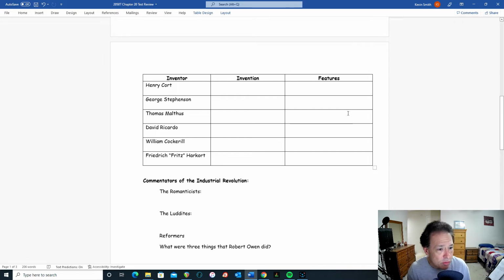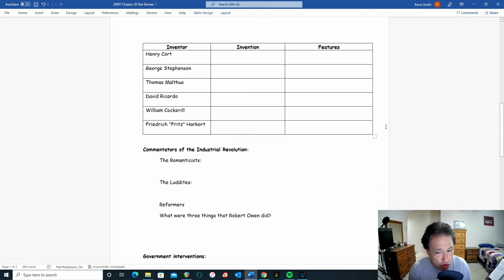Another person who had some dire warnings about the Industrial Revolution was David Ricardo, who came up with the iron law of wages. The iron law of wages said that wages would always stay at subsistence level, or just above subsistence level, and never really go higher than that. And he was right about that for about the first 70 years of the Industrial Revolution.